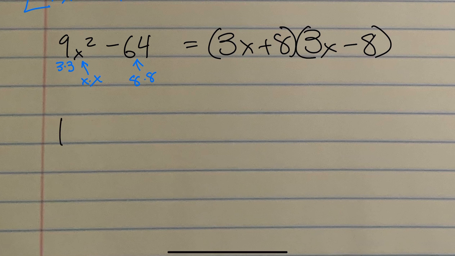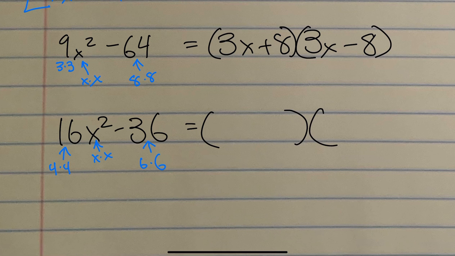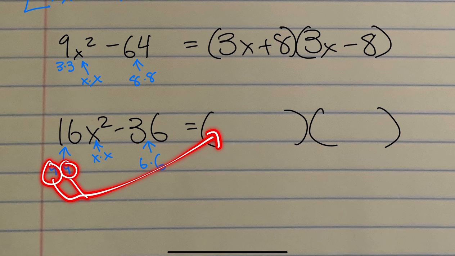Let's try 16x squared minus 36. Okay, let's see, 4 times 4 will give me 16. X's again, and then 6 times 6 will give us 36. So using my parentheses, I'm going to take my 4s, put those first.